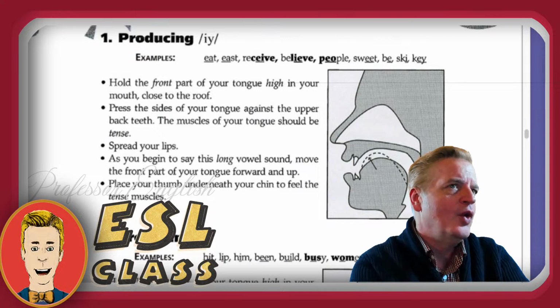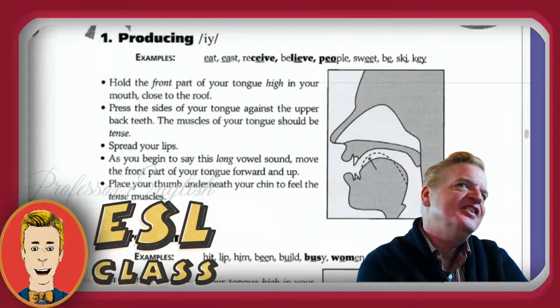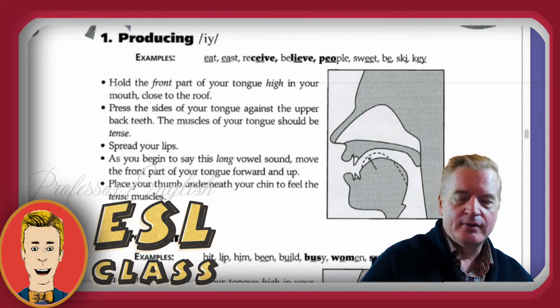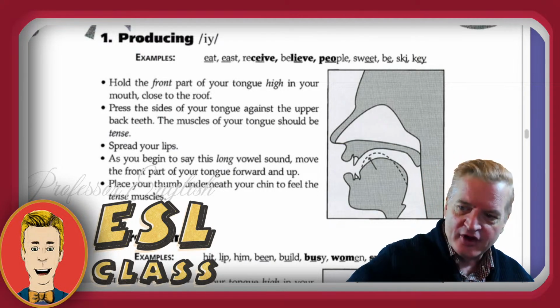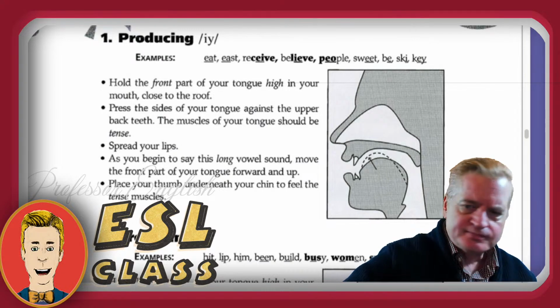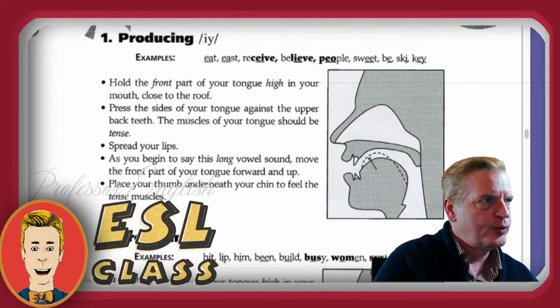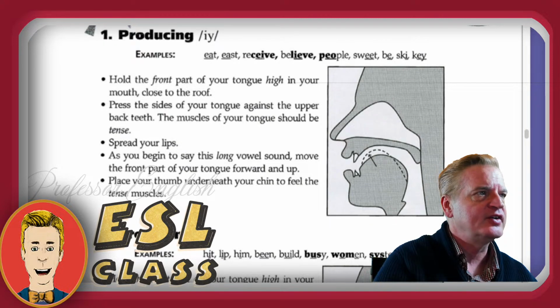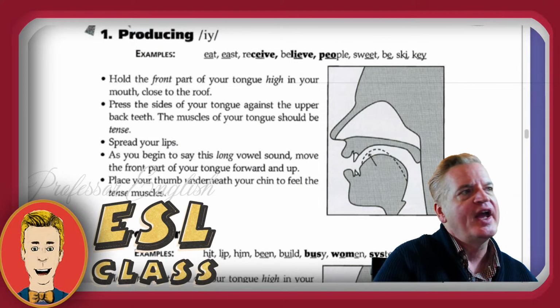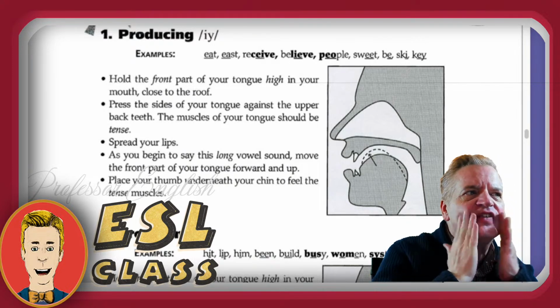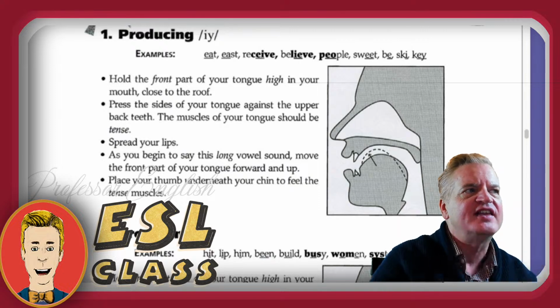All right, so if we say premises, that's a focus word. Because this is going to be a word to focus on, it's important to really pronounce this sound correctly. So remember that we have to hold the front part of our tongue high in our mouths, close to the roof of the mouth, and press the sides of the tongue against the upper back teeth.